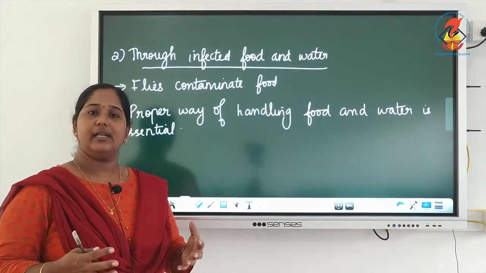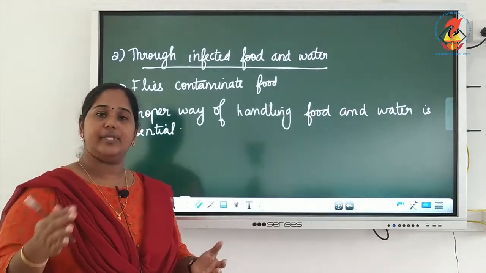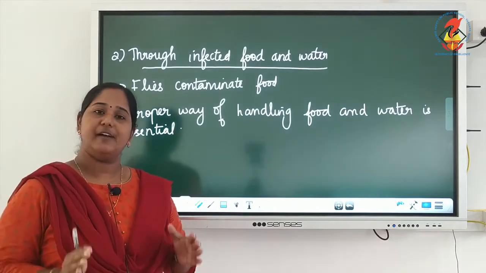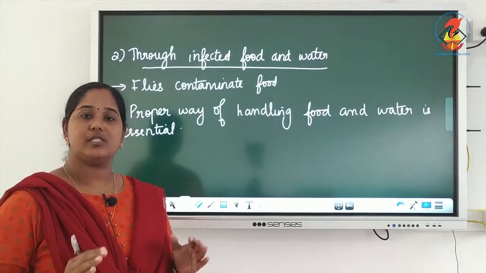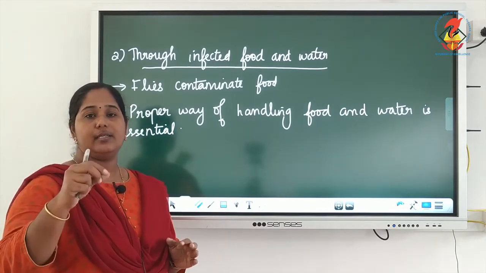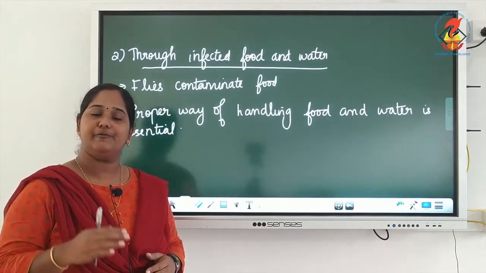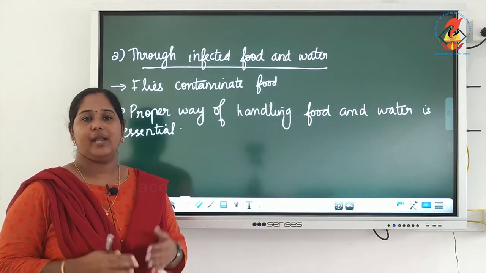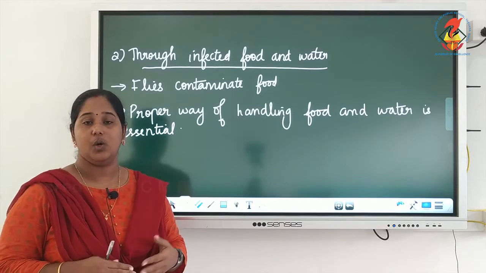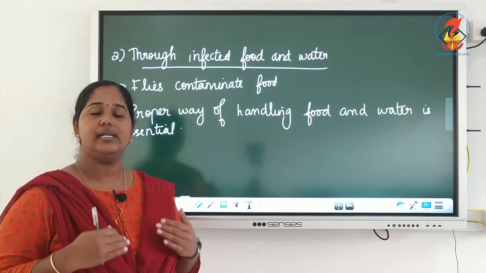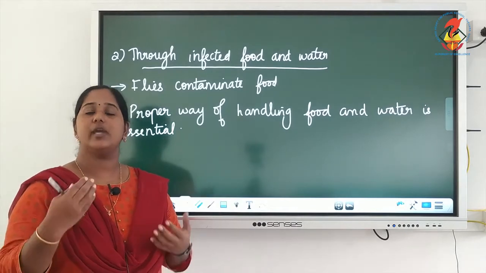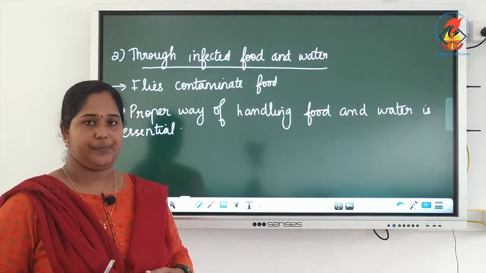After that, if they happen to sit on a food item, they deposit the germs in that food item or the water. If we consume that food item or water, we will be affected by the disease, because along with it the germs also enter our body.